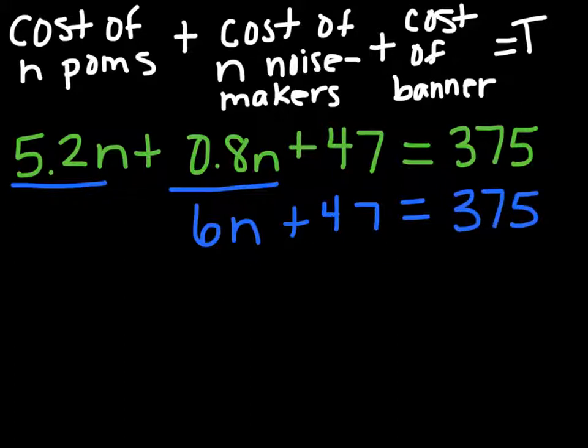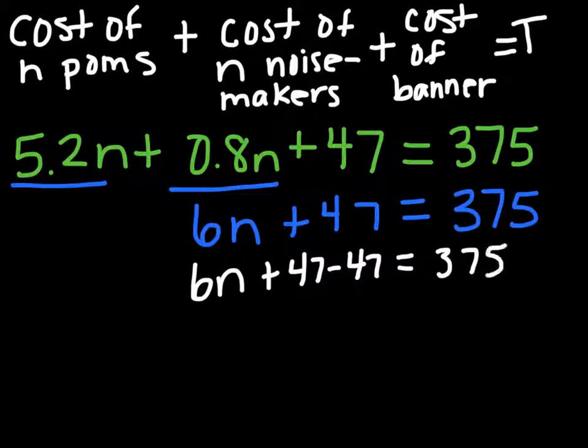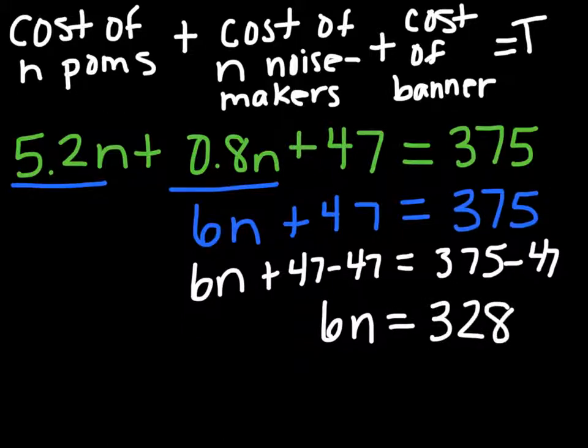From here, we follow the steps that you already know. 6n plus 47 minus 47 equals 375 minus 47. 6n equals 328. n then equals 328 divided by 6, which gives us 54 2/3.